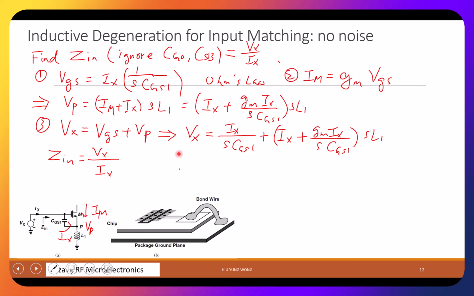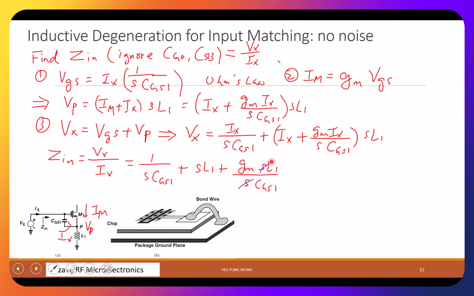So I just need to put Ix here, and the rest is the input impedance, equal to 1 over sCGS1 plus sL1 plus gm sL1 divided by sCGS1. But this s can get cancelled.